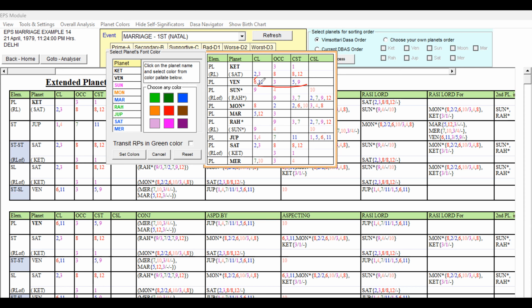So that way Venus is becoming stronger from left to right, though it is 6th Lord, but it is 11th Lord also. Though 6 is present, unfavorable strengths are not supported, favorable strengths only supported. So what we can do, Venus, we cannot give light green because 6th Lord, but we can give blue because it has got a good house grouping at the CL, OCC, and CST.